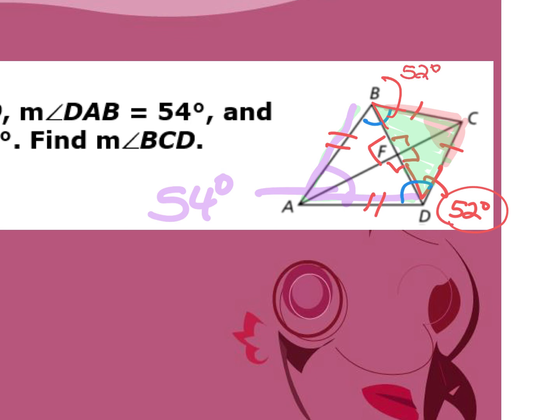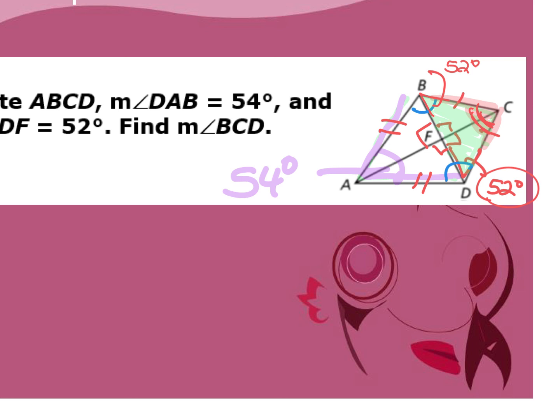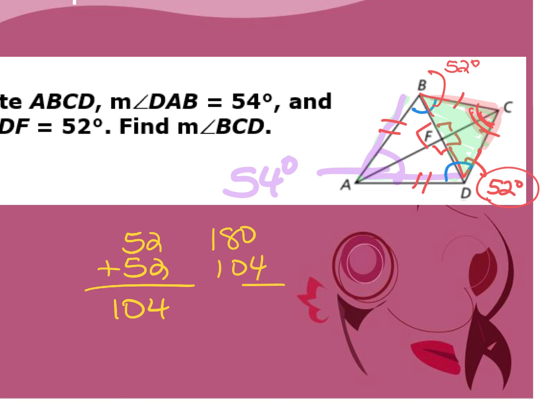Now to find the missing angle, which is this one up here, I'm just going to add 52 plus 52. Get 104. Subtract that from 180 because it's a triangle. And my missing angle is 76 degrees. That's one way to do it.